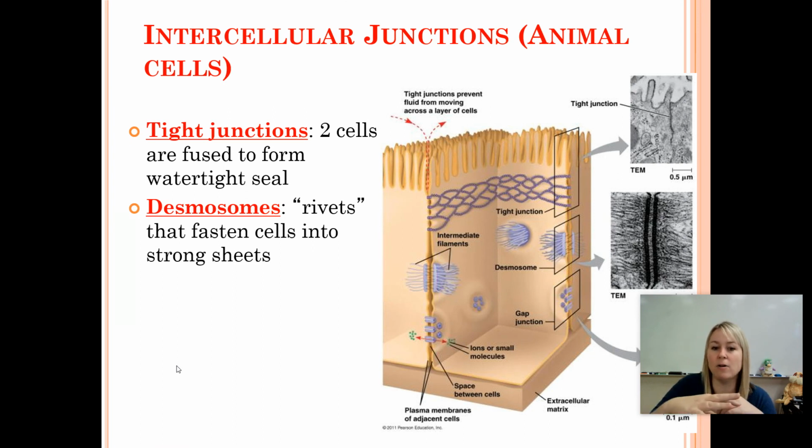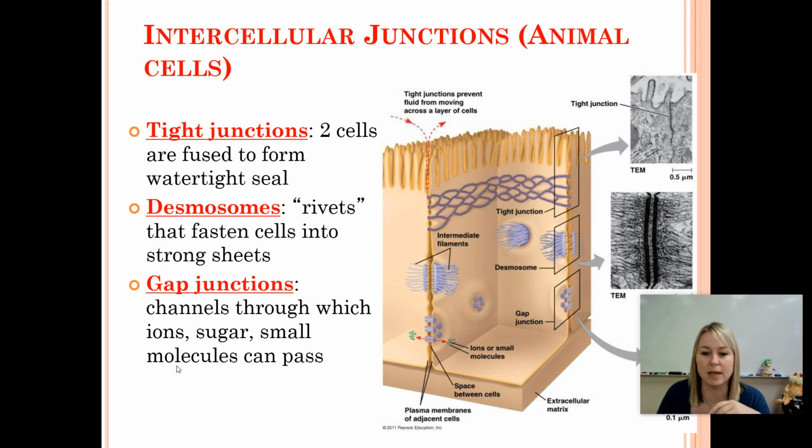They extend out, and then the other ones also extend out to hold or anchor cells together and fasten them together in large, strong sheets that can't be ripped or torn apart. And then there's gap junctions, which are just like openings that allow the free flow and share of materials between 2 neighboring cells. So that way, if one cell gets sugar, all the cells that are connected can share those materials.